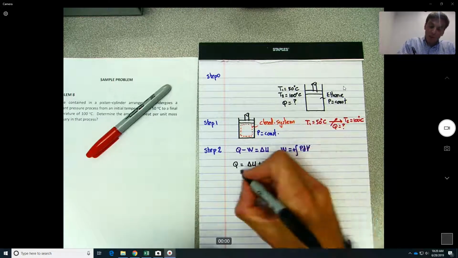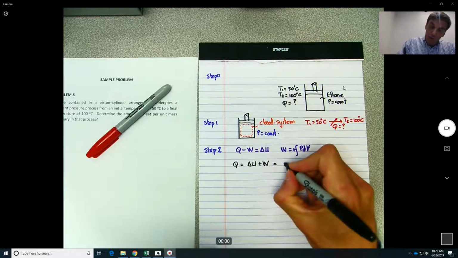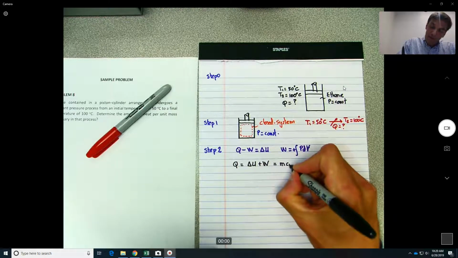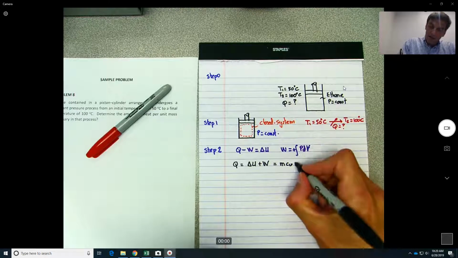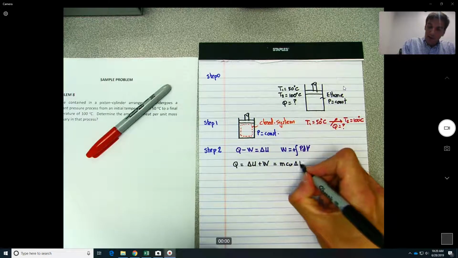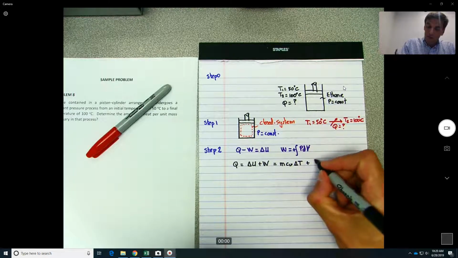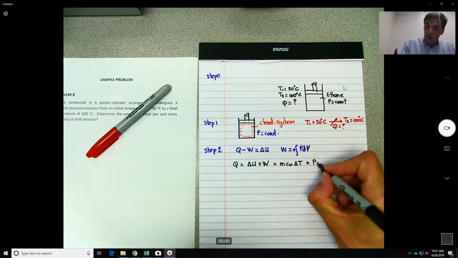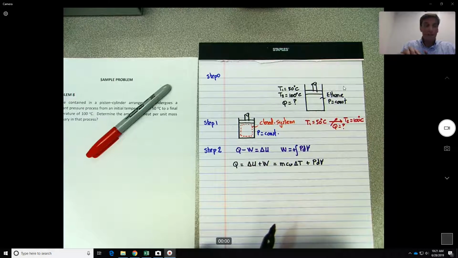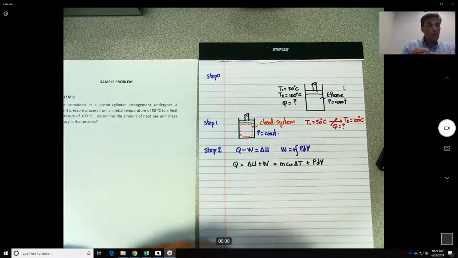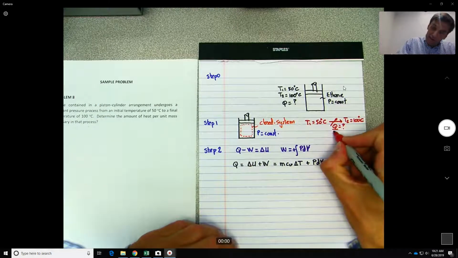By definition we know this will be equal to m Cv delta T plus P dV. I was just reading the problem statement. Actually what we need to find is Q over m.